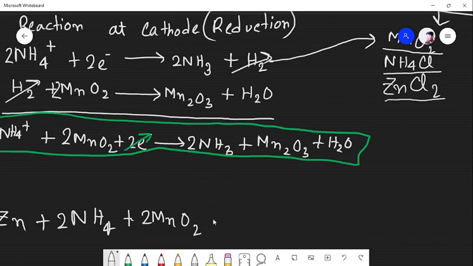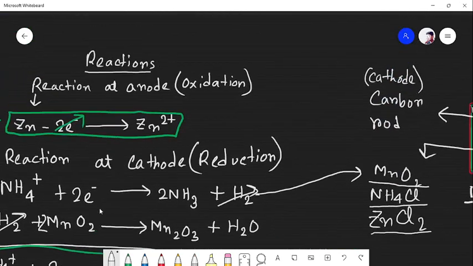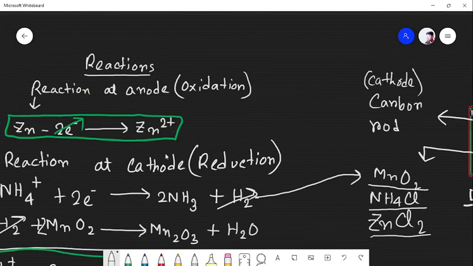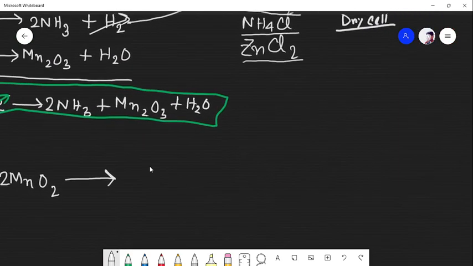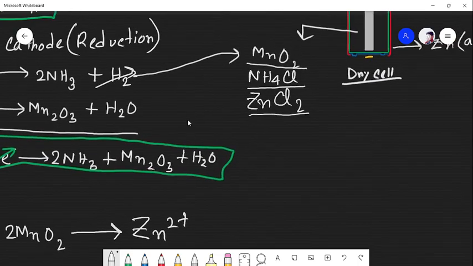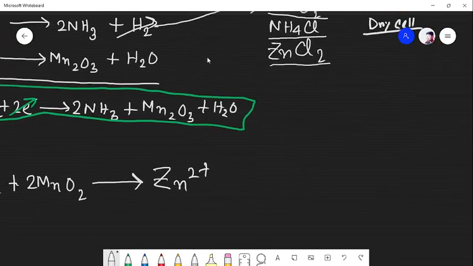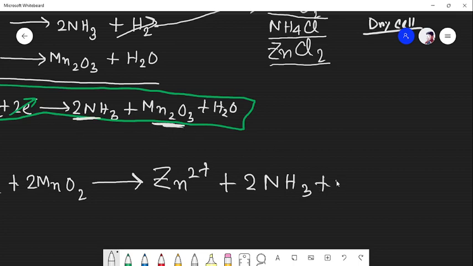This results in the zinc ion, 2 NH3, and Mn2O3 and a water molecule.